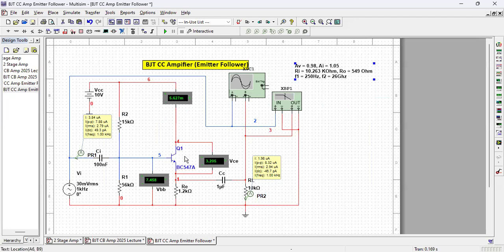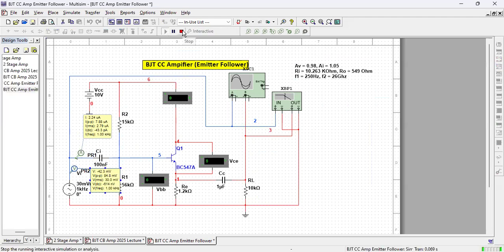Now we can measure the input resistance and output resistance. I connect a voltmeter here to see what the input voltage and the input current are. Peak to peak input voltage is 84.8 millivolt and current is 7.88 microampere, right?